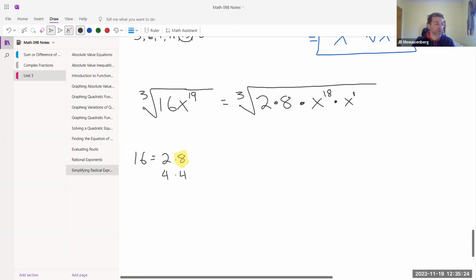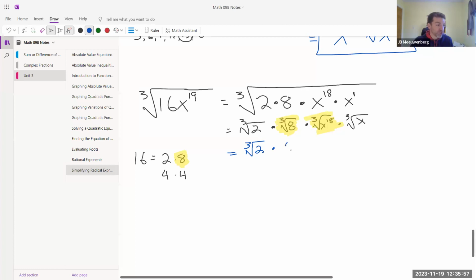We're taking the cube root. Now we can separate it into 4 individual smaller radicals, just like we've been doing. And we're going to take the cube roots of the ones that are perfect cubes, which would be this one and this one. The cube root of 2 stays.